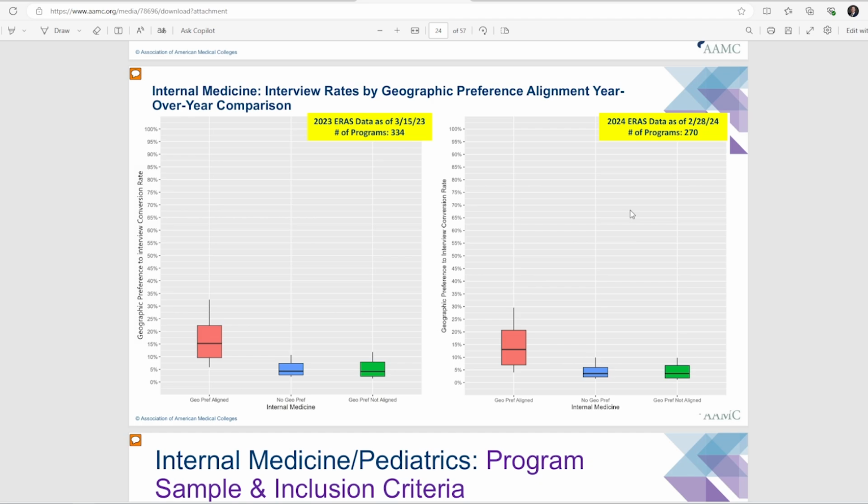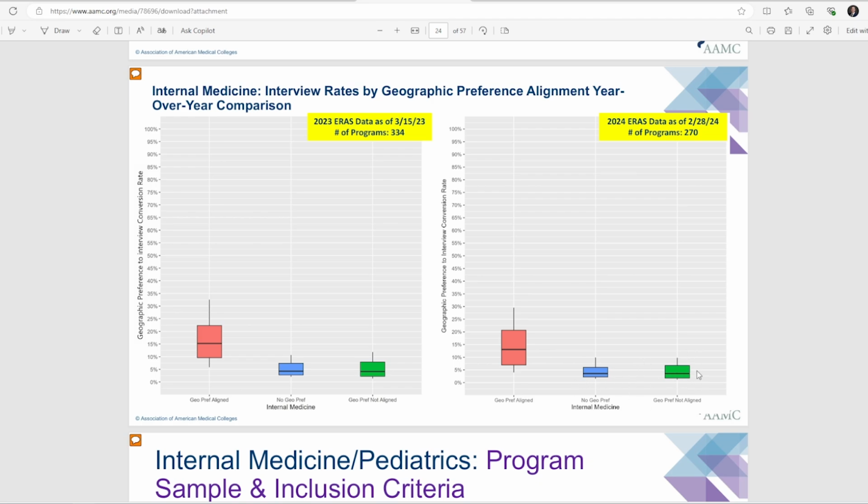Another thing I highlighted in my video on how to fill your ERAS application is to pick geographic preferences. Here you can see the 2024 ERAS data. If you picked a geographic preference, your conversion rate is around 12.5 to 13%. If you had no preference or the geographic preference did not align, you can see these are very similar.